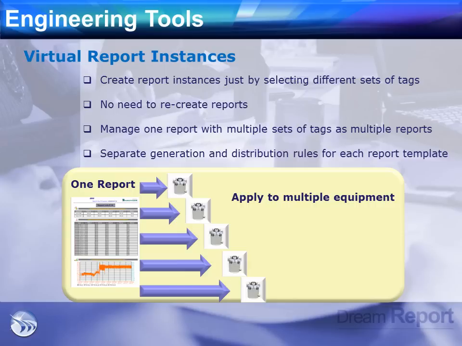Like that, you will be able to generate reports for any unit, just by selecting it. Then Dream Report will generate a parent report using the set of tags defined for that selected unit. This significantly reduces engineering time to design and then to modify and maintain such a reporting project.